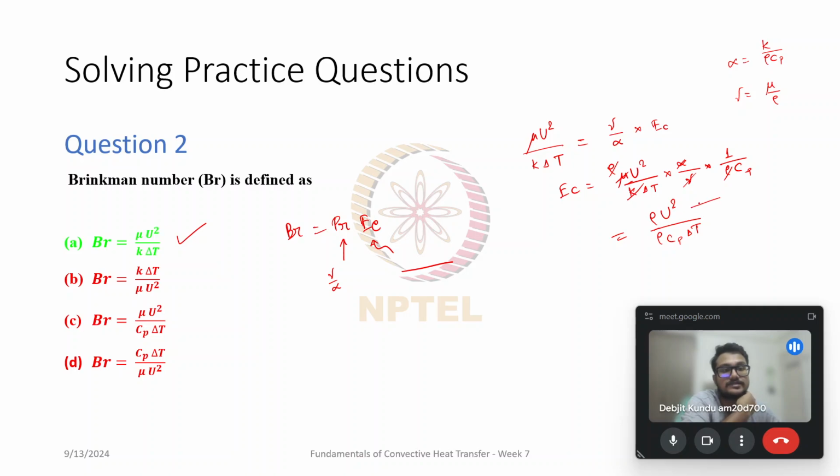So this basically is the energy contained by convection, and this is the thermal energy, rho Cp delta t. So these are both physical quantities which have the same units as energy, and the Eckert number is basically the ratio of those two.